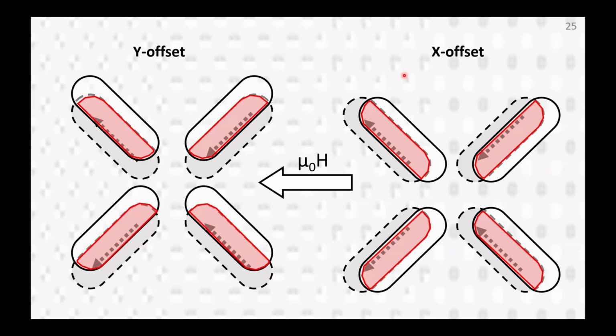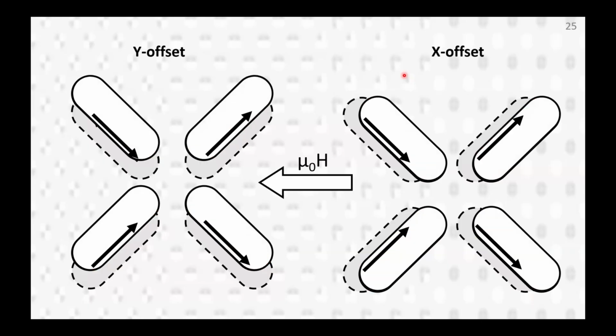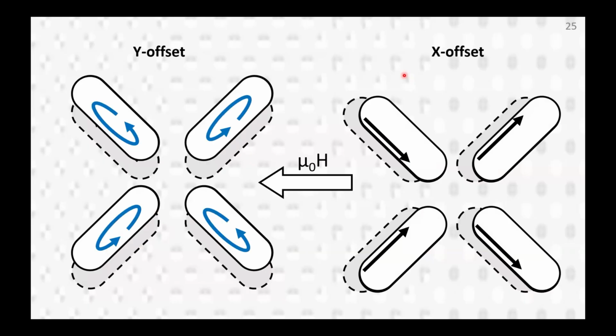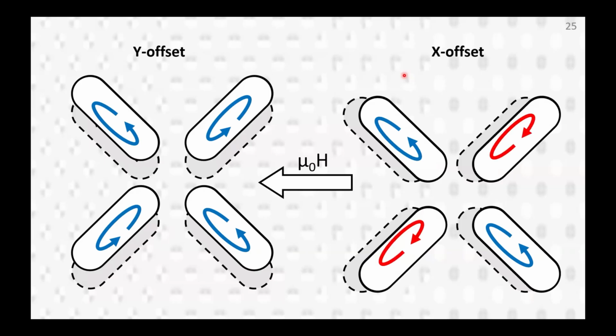Let's draw the arrow in the opposite direction on the top layer for these shaded regions. If we use these as the starting point of our vortices, then for the Y offset we get everything anti-clockwise, but for the X offset we get half of them anti-clockwise and the other half clockwise.